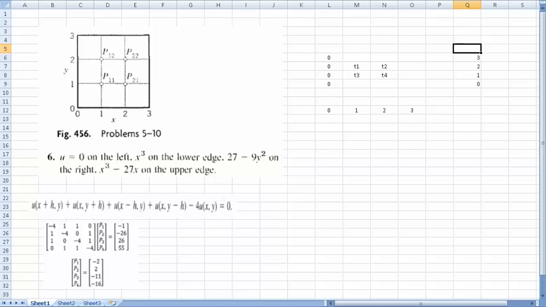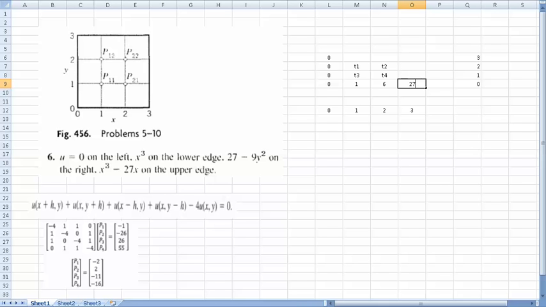And now on our boundary, since it says x cubed on the lower edge, then 0 cubed is 0, 1 cubed is 1, 2 cubed is 8, and 3 cubed is 27. That takes care of the bottom boundary temperatures.